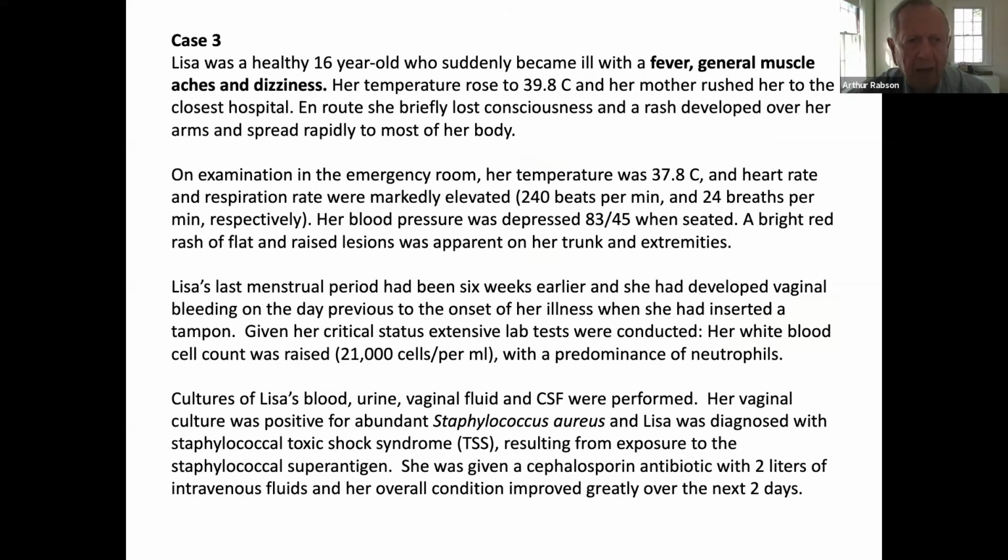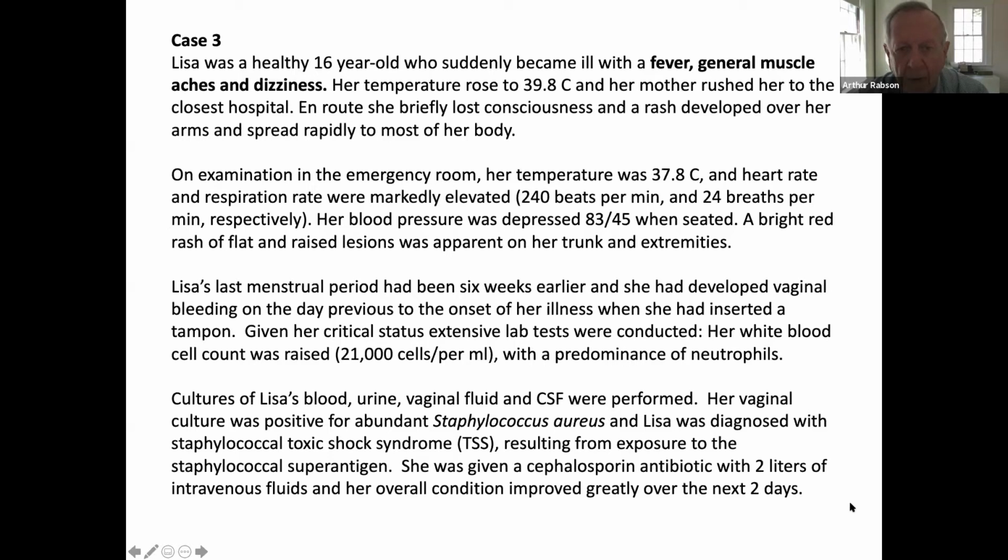This is a story of Lisa, a 16-year-old, who became very ill with fever, general muscle aches, dizziness, and high temperature. She was rushed to the hospital. She lost consciousness and developed a rash over her arms, which spread to most of her body. Very high temperature, very fast heart rate and respiration, and a very low blood pressure of 83/45.